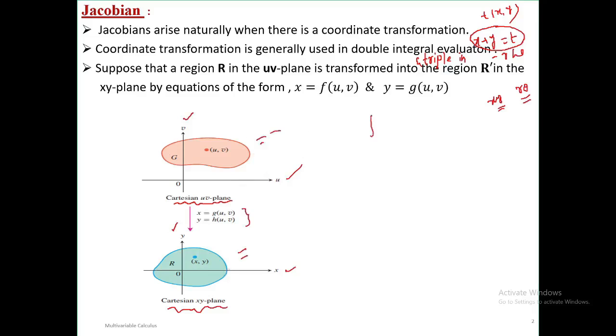For example, double integration from 0 to 1 and 0 to 2 means x is varying from 0 to 1 and y is varying from 0 to 2. That is a region. If you change the coordinate system, the limits also change accordingly, and according to those limits this is the new region. In this case the Jacobian is most useful.